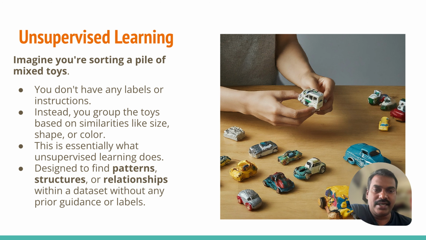Now coming to the second category, unsupervised learning. Unlike supervised learning, you don't have any labels or instructions. Let's take an example. You have a pile of mixed toys, and you need to sort them. Instead, we group the toys together, separating them based on similarities like size, shape, or color.